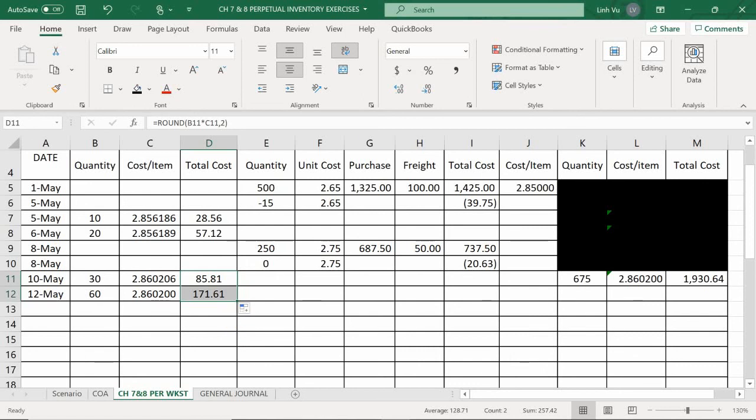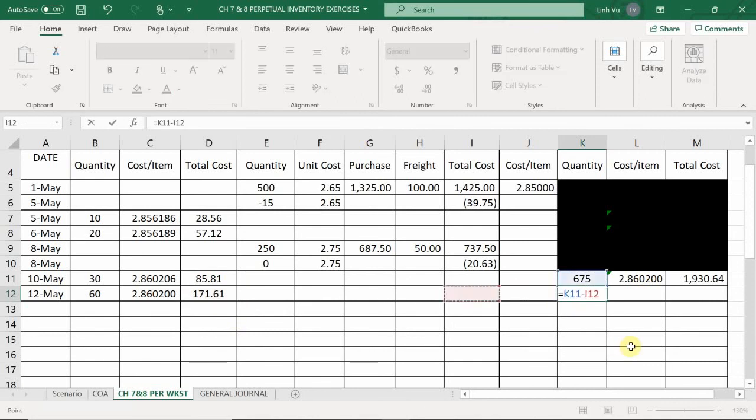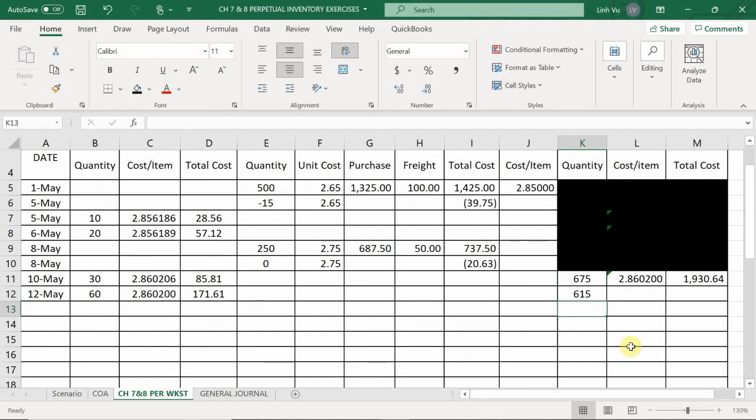So let's go ahead and update my inventory because I sold 60 units. So I should have a total left of 615.